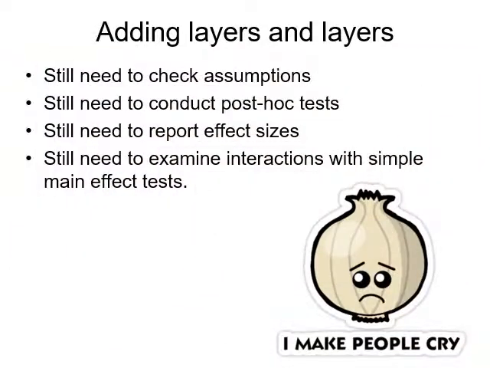So just recognize that we still need to check assumptions. We still need to conduct post hoc tests, we still need to report effect sizes when significant, and we still need to examine interactions and simple and main effect tests if they're actually hypothesized. So again, just recognize that the toolkit that we've been going over the last 3 to 4 weeks has been a series of things that we can do with ANCOVA.